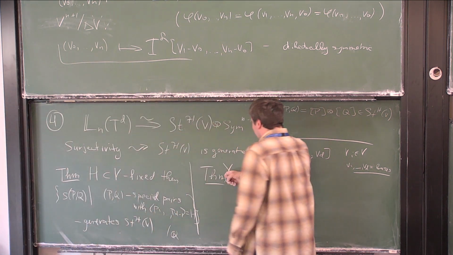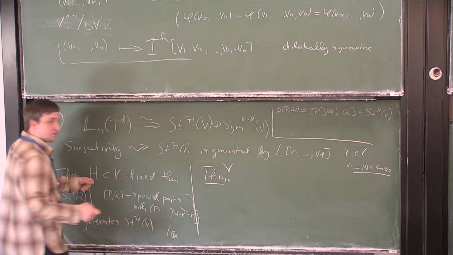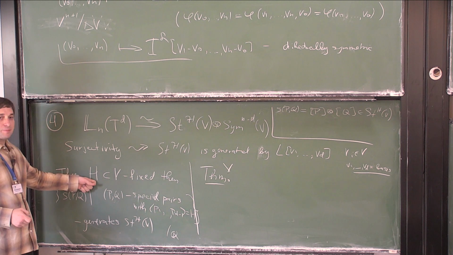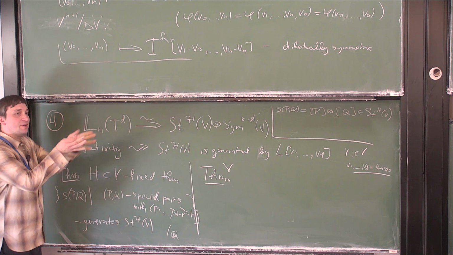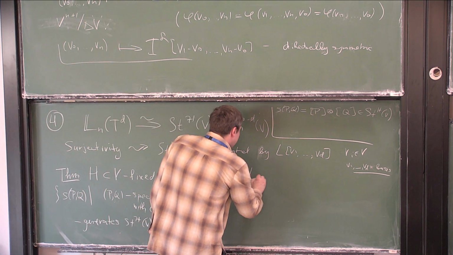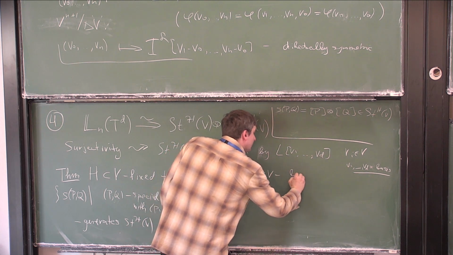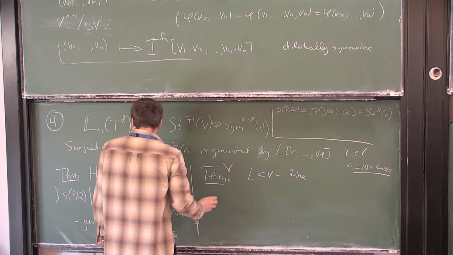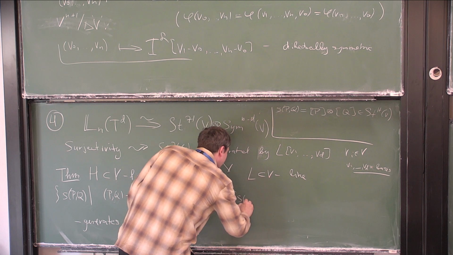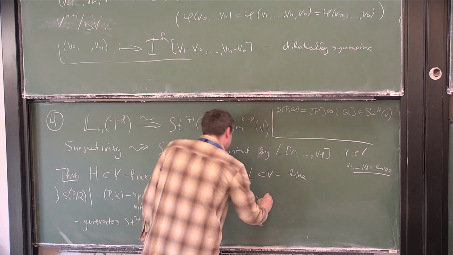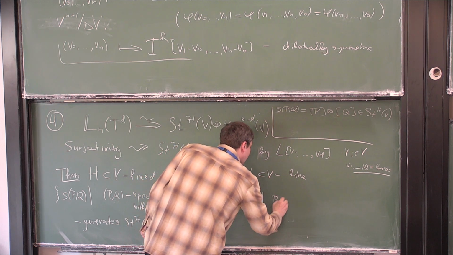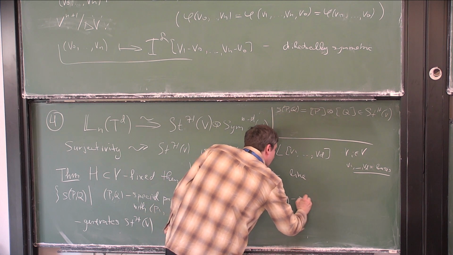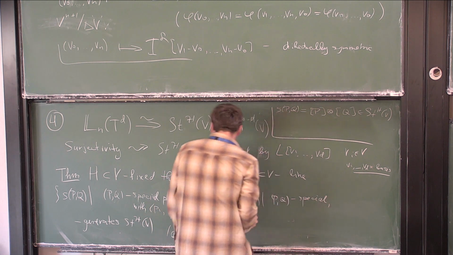And the theorem dual is exactly the same statement, but once you apply duality. So now instead of a hyperplane, you have a line or a point, L, a line. I won't repeat the statement, but the set that you take is PQ special.